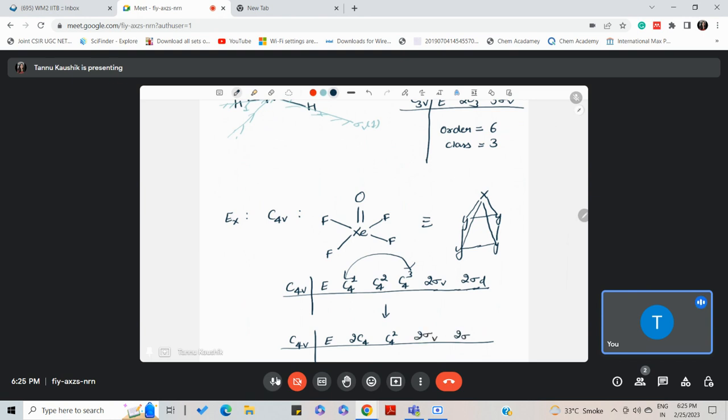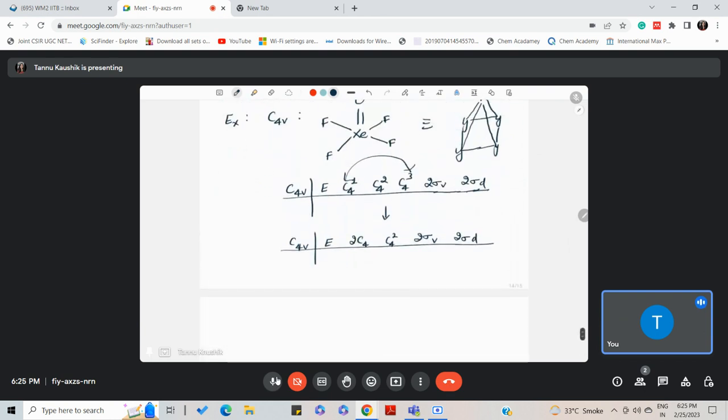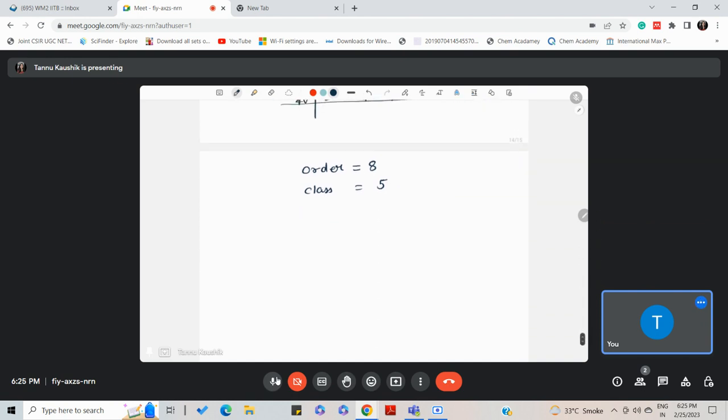Two vertical planes will be in the same class and two dihedral planes will be in the same class. But all these four vertical planes will not be in the same class because their symmetry effects are different. So here we can see the order of C4V group is 8, but the class is 5. So the class is different here, which is 5.